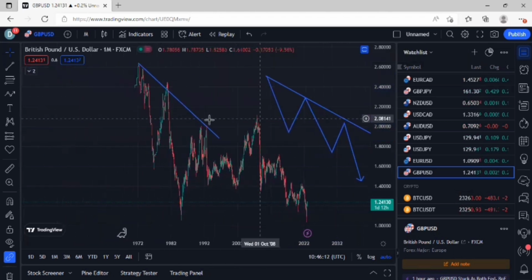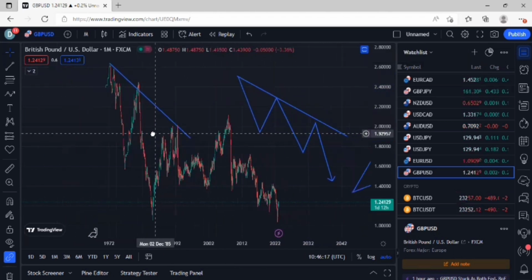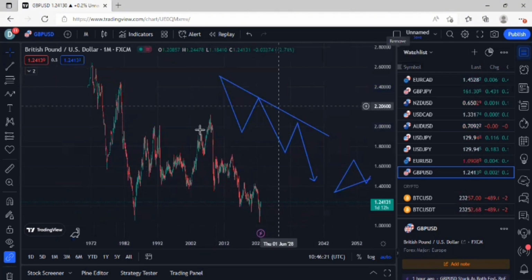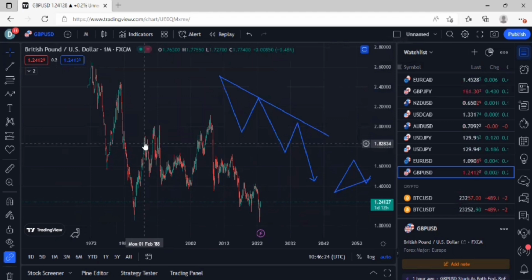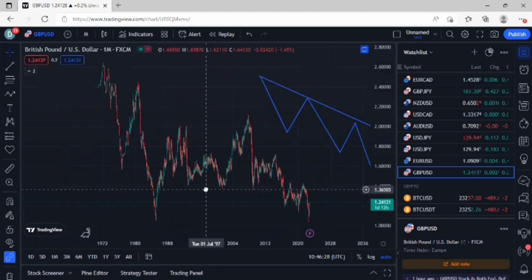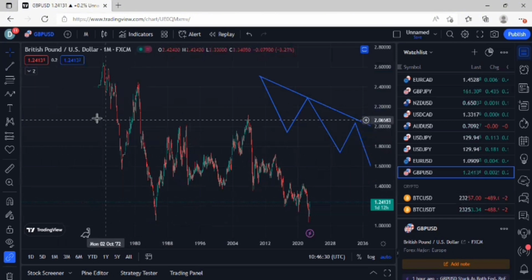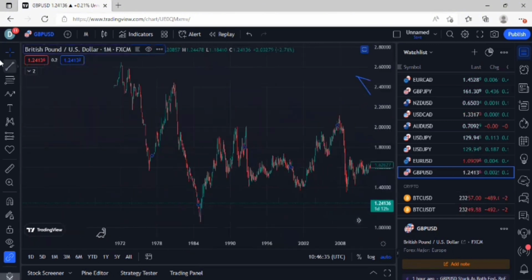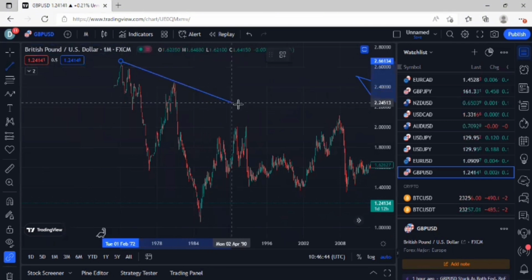Okay, so now let's look at how we can properly join the trend line, because there is a way to join the trend line properly when you come to the chart. You don't just draw it anyhow. When you want to draw a trend line, you pick the wick of the candle, the highest wick of the candle, not the body.